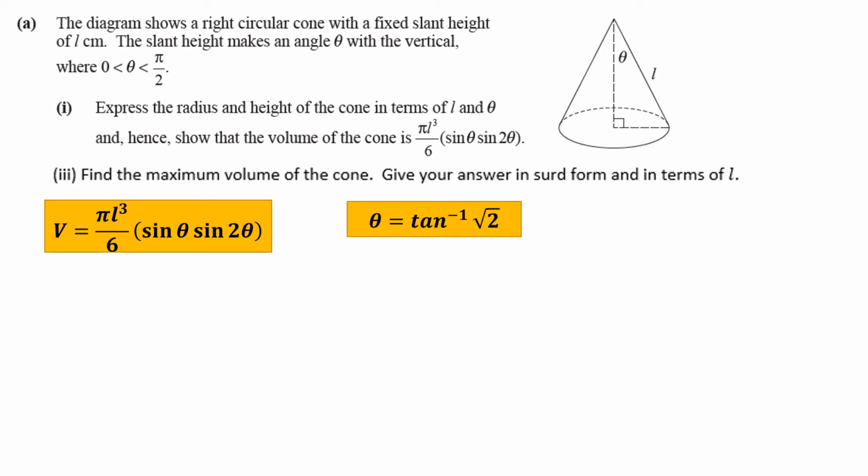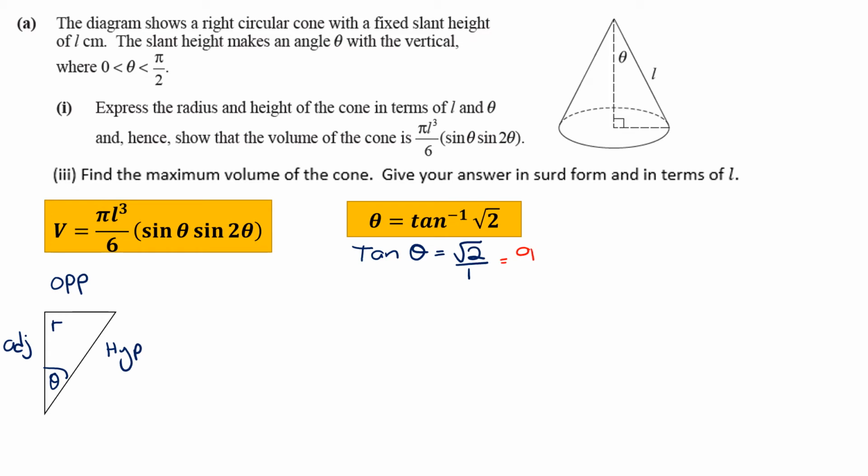So let's go back to our theta, and this can be written as well, tan theta is equal to root 2, and I could write that as root 2 over 1. I can then use a little right angle triangle to try and figure out sine and cos. So I'm going to put my theta here. Here is my opposite, here is my hypotenuse, here is my adjacent. If I'm working with tan, I'm opposite over adjacent. So this is opposite root 2, adjacent 1.